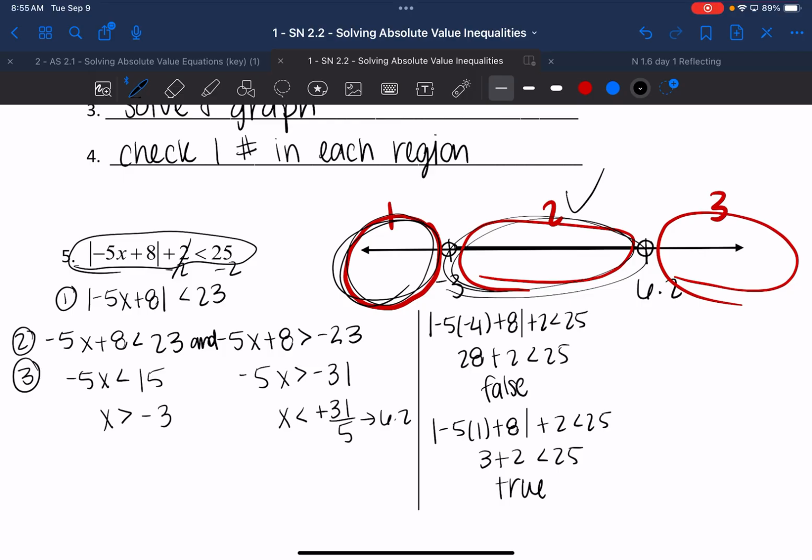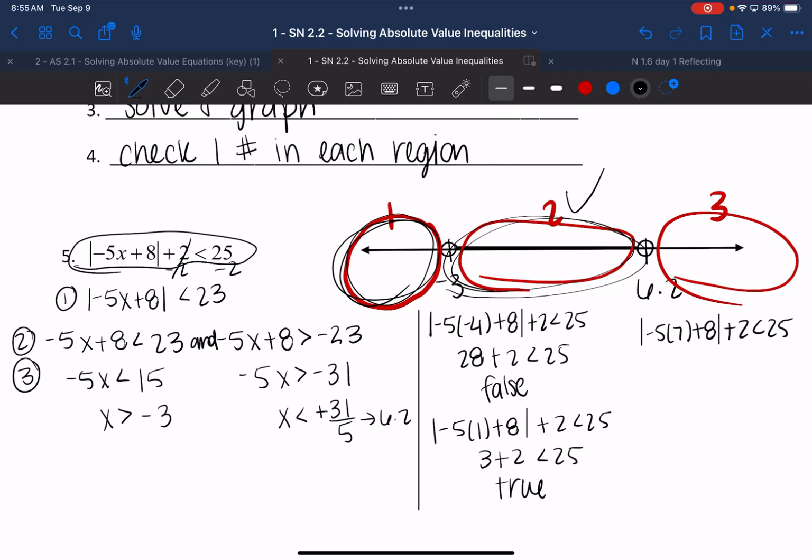Okay, and then you can pick something in that third region. What's something that would fall in the third region? 7, okay. So negative 5 times 7 plus 8 plus 2 is less than 25. Well, negative 5 times 7 is negative 35.